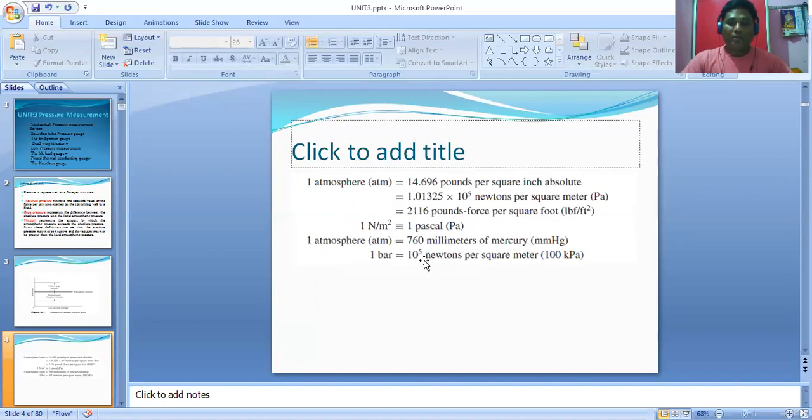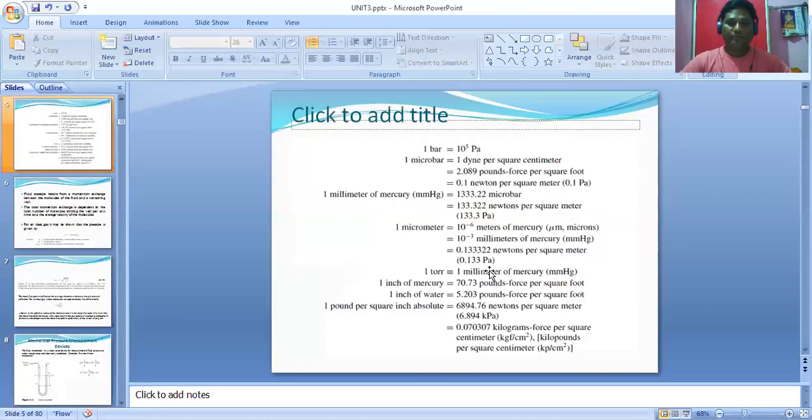Then 1 bar is equal to 10 power 5 Newton per square meter, that is 100 kilopascal, or 10 power 5 Pascal. 1 microbar is equal to 1 dyne per square centimeter. That is equal to 2.089 pound force per square foot. It is equal to 0.1 Newton per square meter, that is 0.1 Pascal.